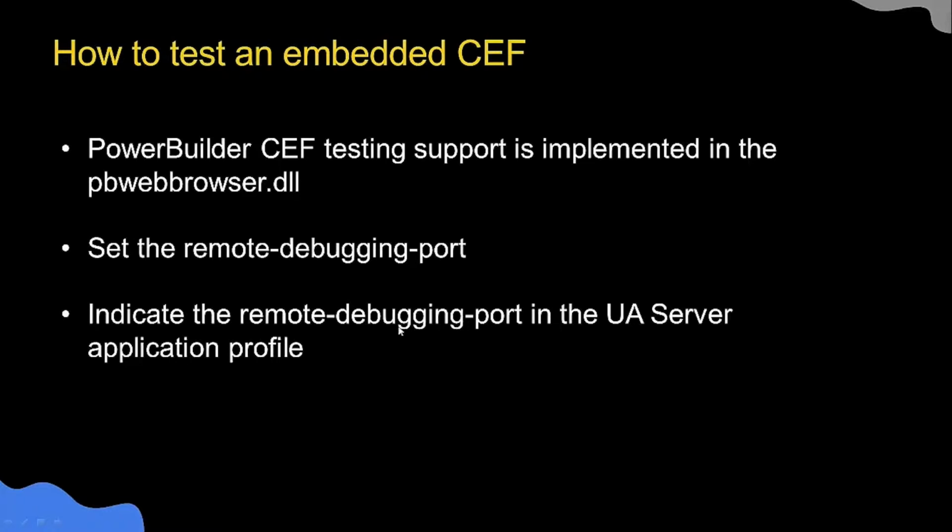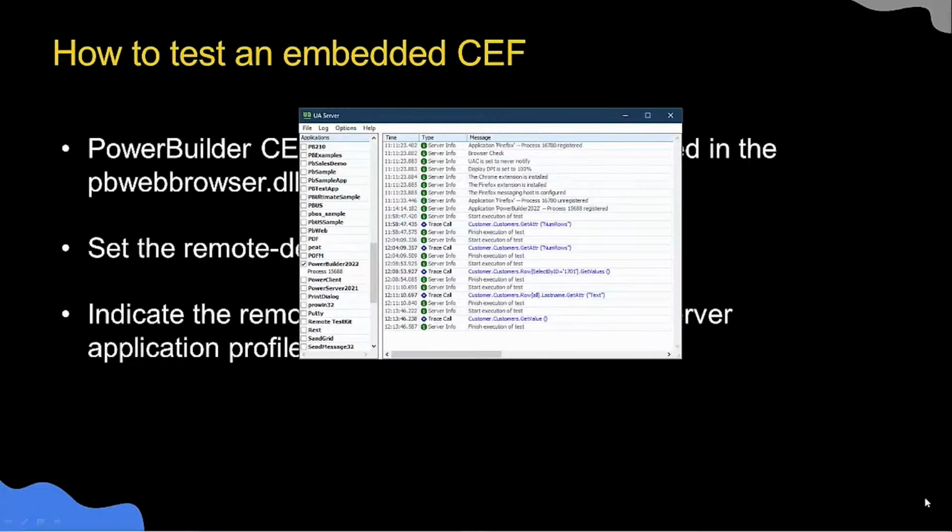I'll show you now how you can indicate that remote debugging port to Essential Test through the UA Server application profile. So you would bring up UA Server and you would find your application profile. In my case, it's this PowerBuilder 2022.